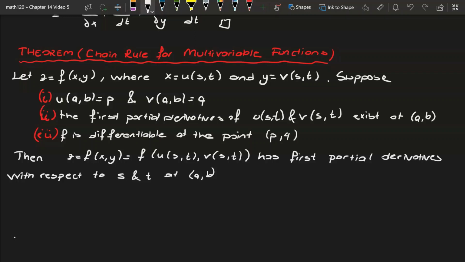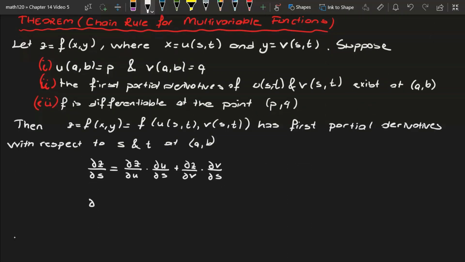and they can be found by using the following equalities. Del z over del s is del z over del u times del u over del s plus del z over del v times del v over del s.